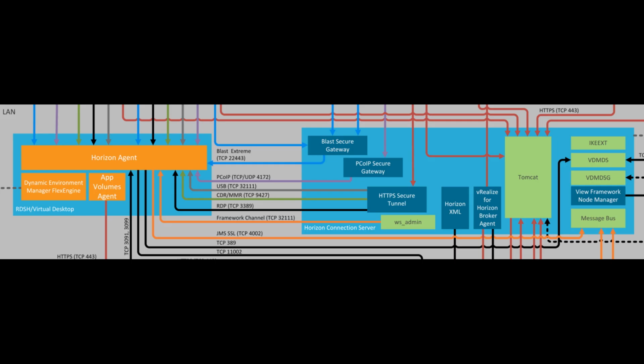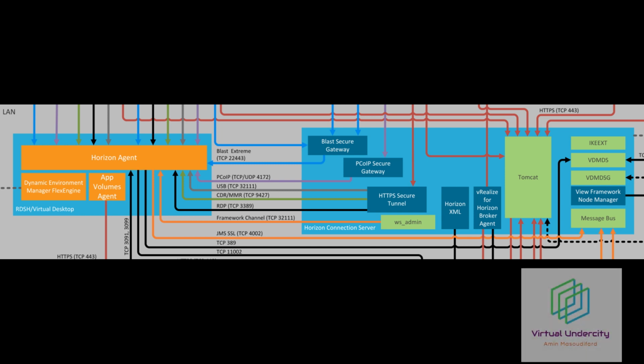As you may know, this happens through TCP ports 4001 and 4002 for the JMS service. Because of something like firewall blocking or changing the default gateway or routing tables inside our network, all of them can make the Horizon agent unreachable for the Horizon View connection server.